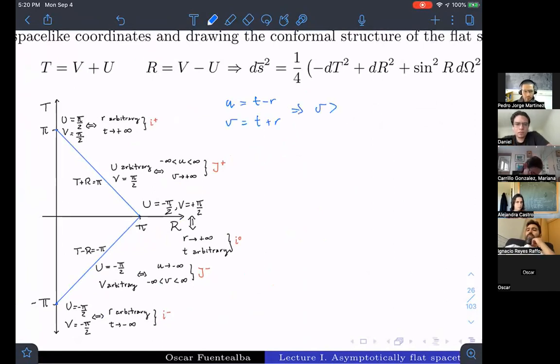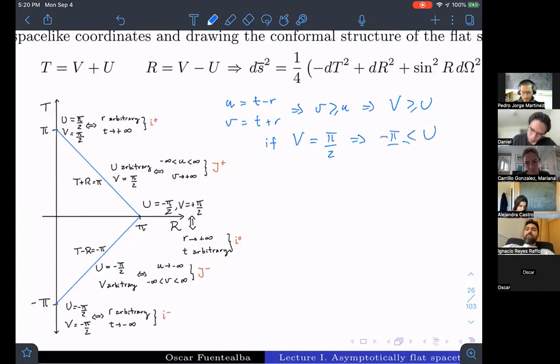This means that v is greater than u, and also means that capital V is greater than or equal to capital U. So this means that if, for instance, capital V is equal to pi halves, then capital U is going between minus pi halves and pi halves.